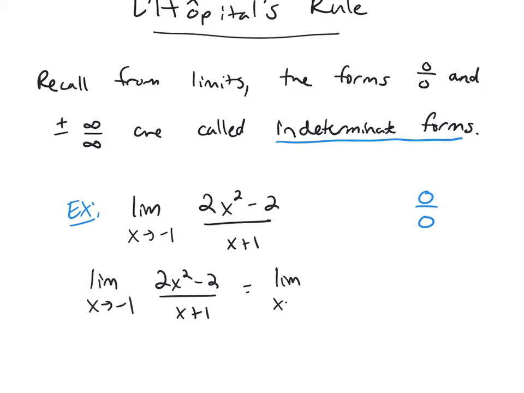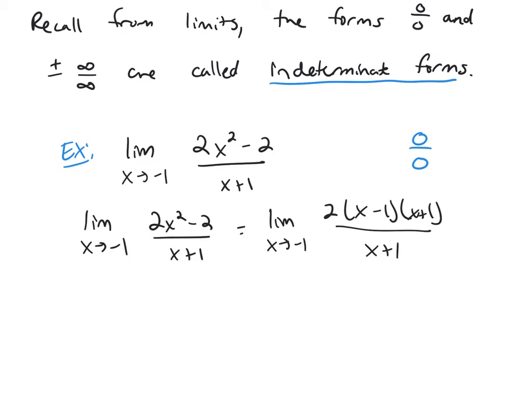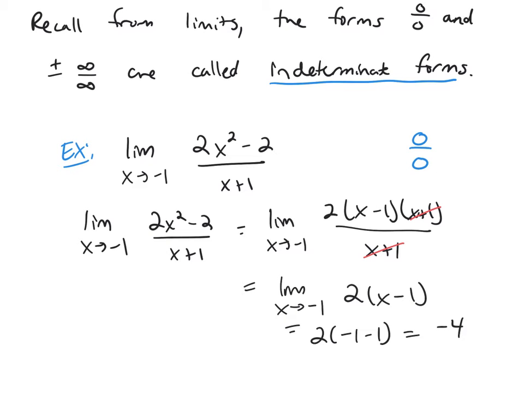You pull out a 2, and then it'll factor as x minus 1 and x plus 1. And then we would cancel these x plus 1s here. So then I'm looking at the limit as x goes to -1 of 2 times x minus 1. Now you can plug in -1 and you'll get -4 for that limit.